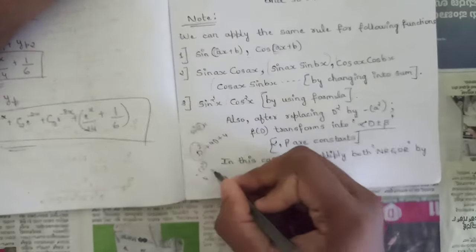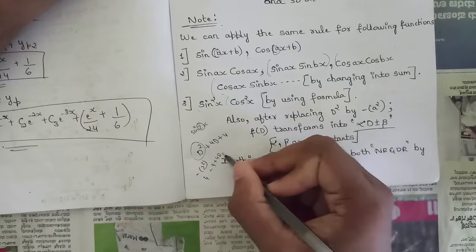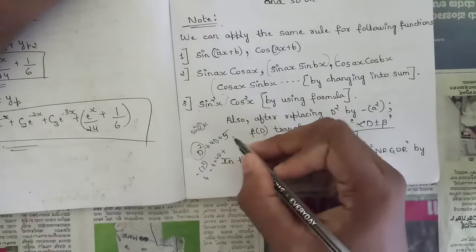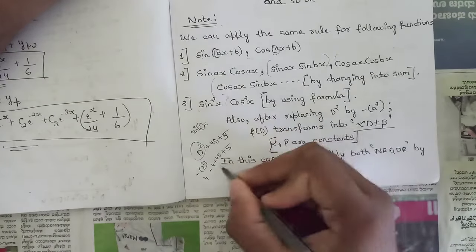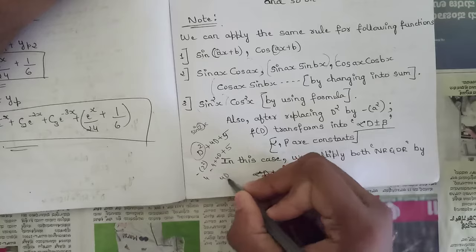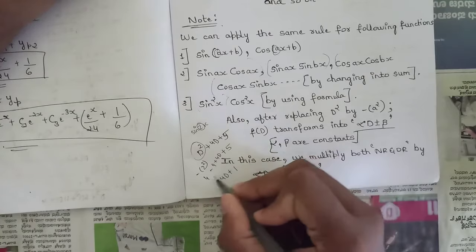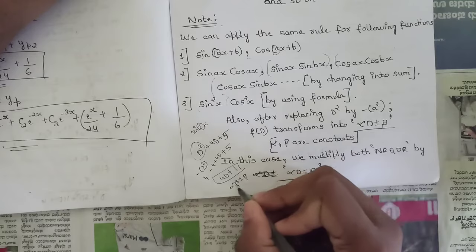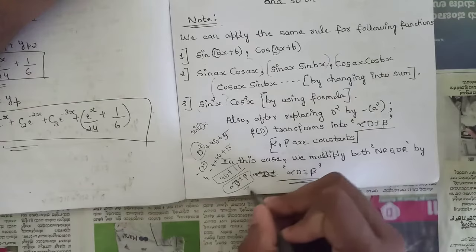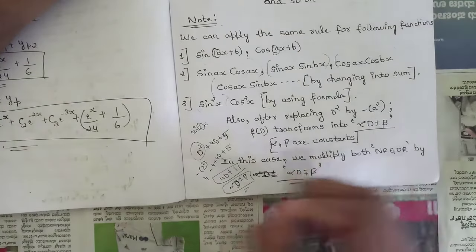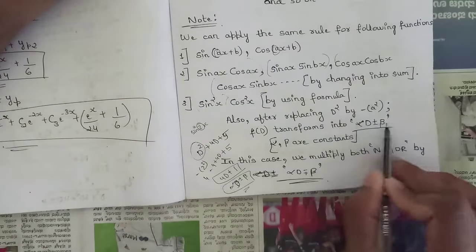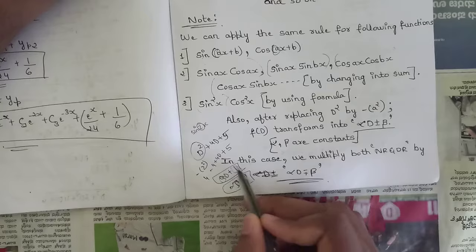So this would be minus 4 plus 4d plus 5, which is 4d plus 1. This is of the form alpha d plus or minus beta, where alpha and beta are constants: 4 and 1 are constants.